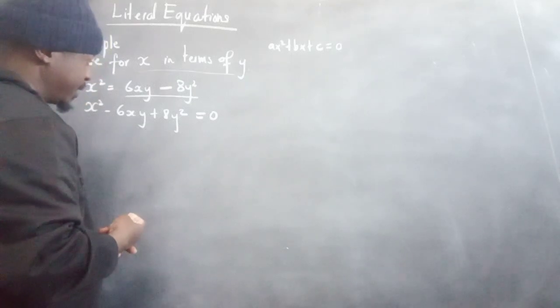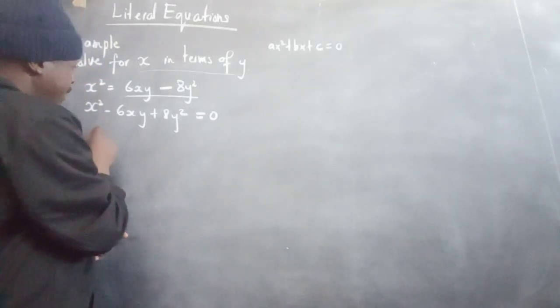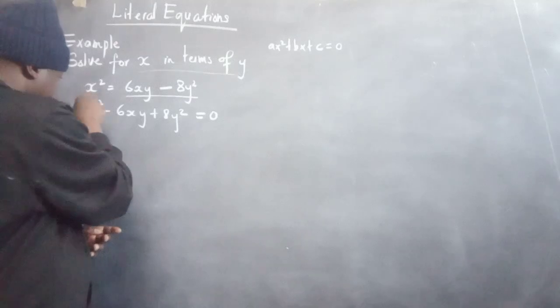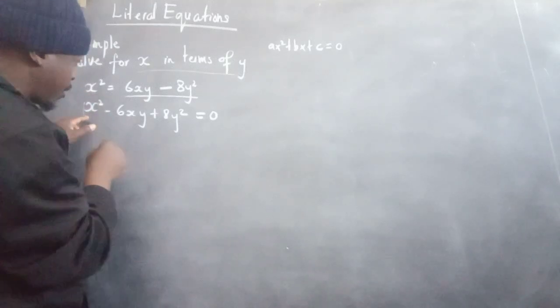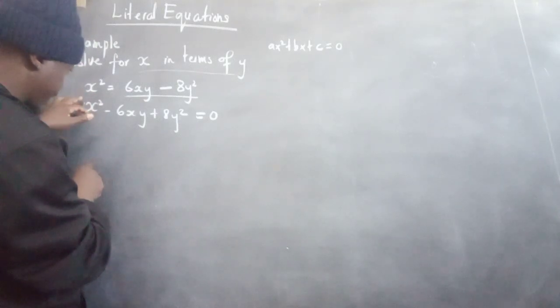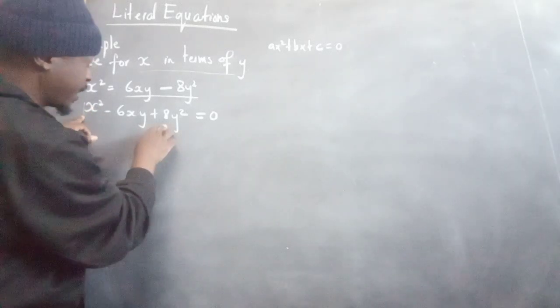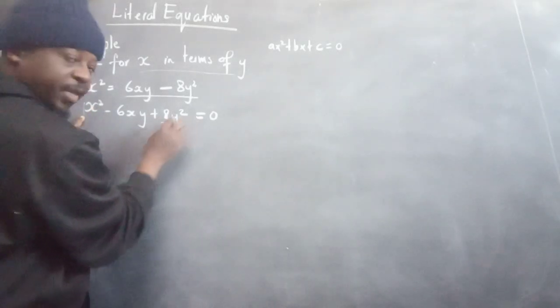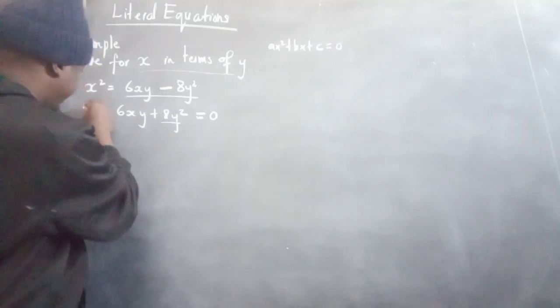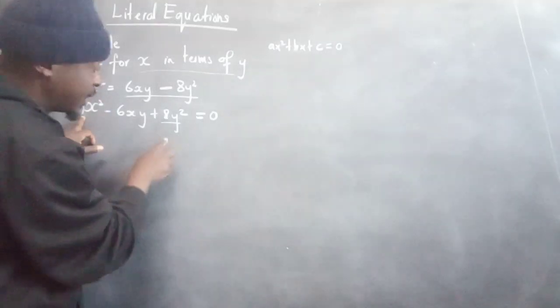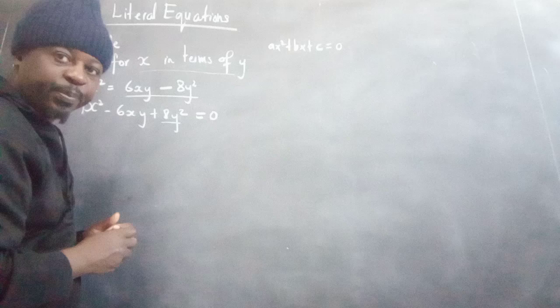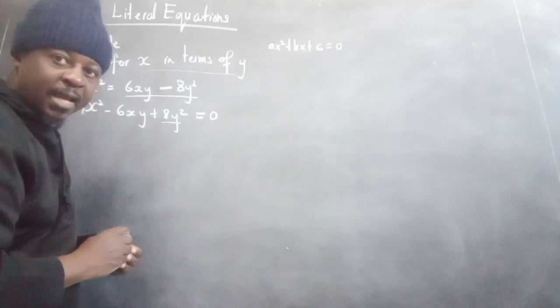From this, what is our next step? Our next step is we need to find the factors. We need to consider the coefficient of x squared and this term here, which is 8. So I have a 1 here, which is an invisible one, and the 8. If I multiply 1 times 8, I'm going to have 8.